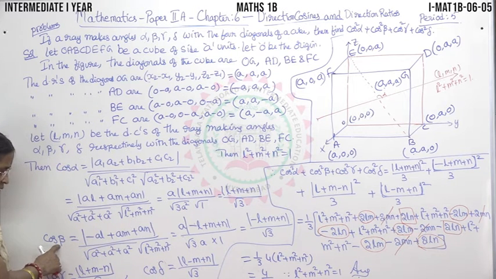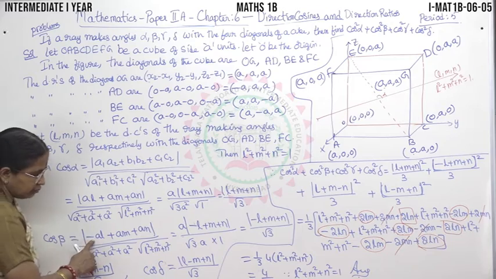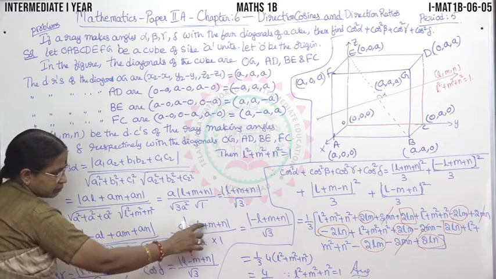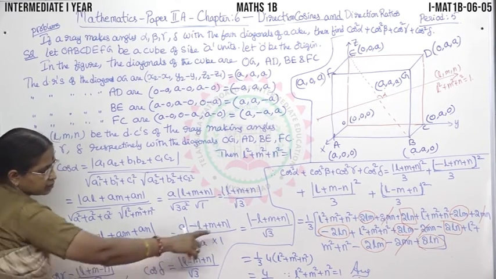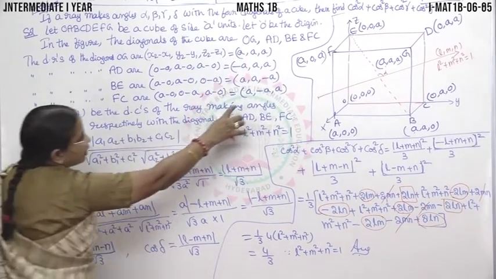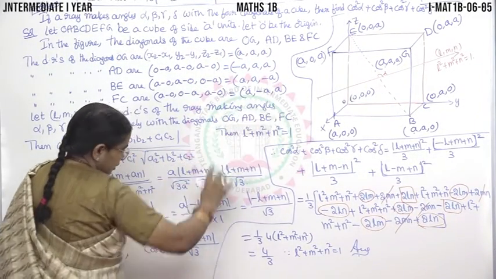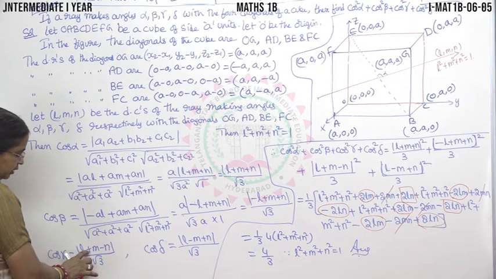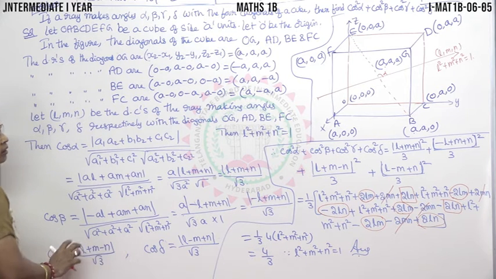Now the same way cos beta. Cos beta here you will have a minus. So minus L. A gets cancelled. So you will have it like that. Similarly for cos gamma and cos delta, whatever is the negative sign here, that will be negative in cos gamma and cos delta. Like that.